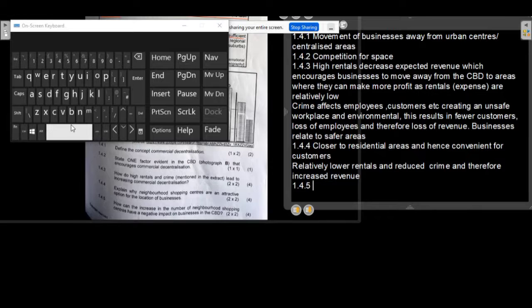The air is not clean. It's very hot, urban heat island. So there are many reasons. People want to be in safer, clean areas. So there's a lot that we can say here.